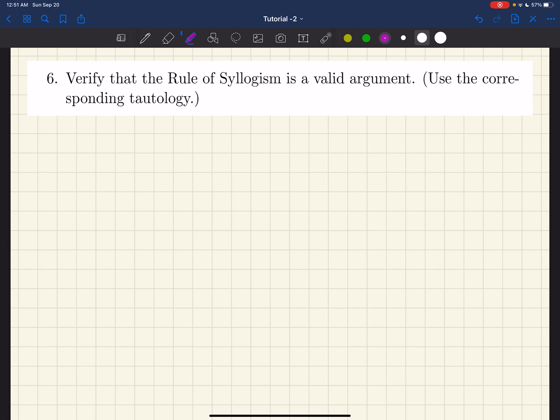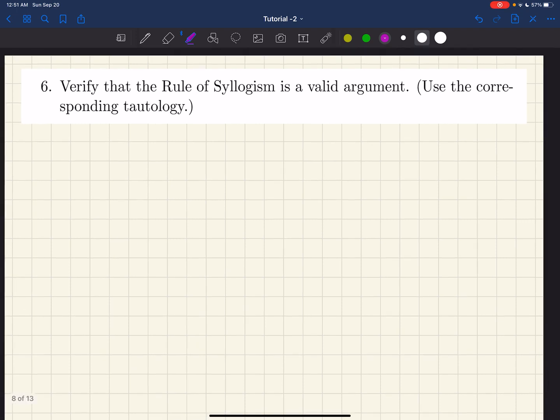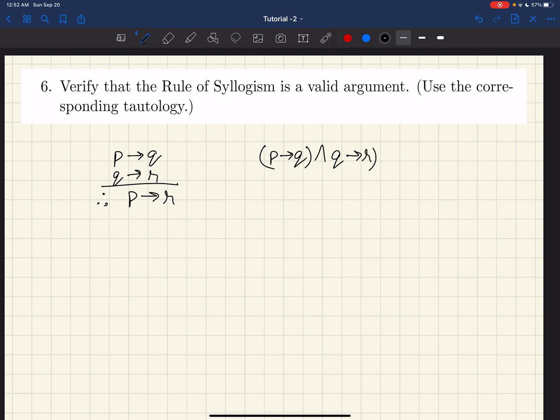So the rule of syllogism states that if your premise is P implies Q and Q implies R, your outcome can be P implies R. The corresponding tautology here is P implies Q and Q implies R implies P implies R.